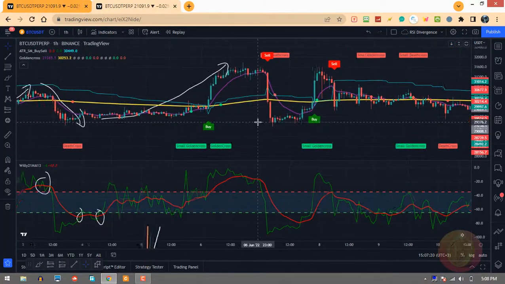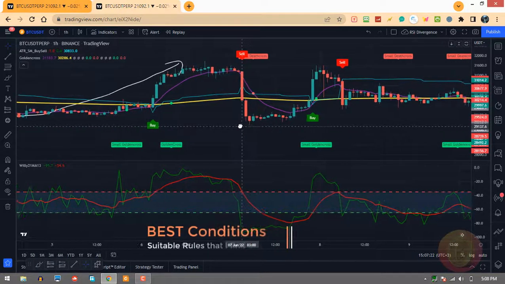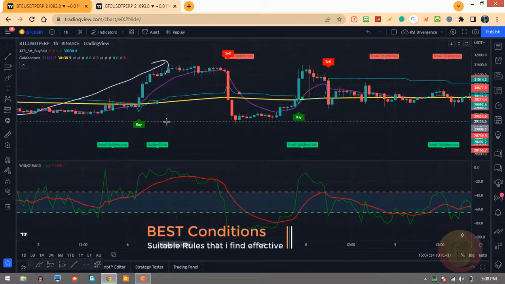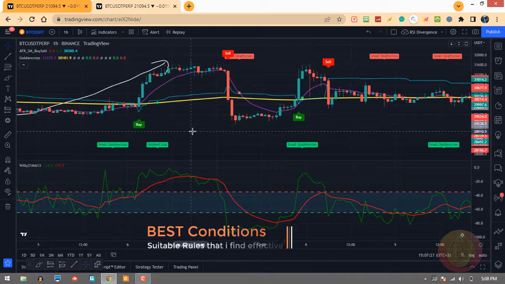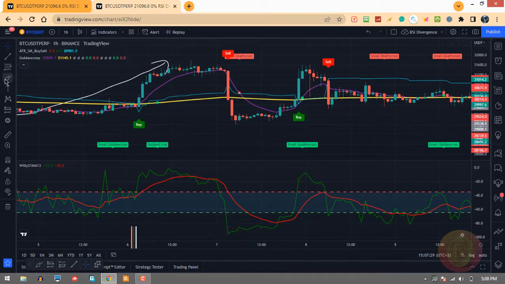So guys, let me show you the real steps, the real conditions that I found most suitable with this strategy. I understand using this Willey. I personally have tried it in my trading, and I found these steps and strategy conditions most suitable.